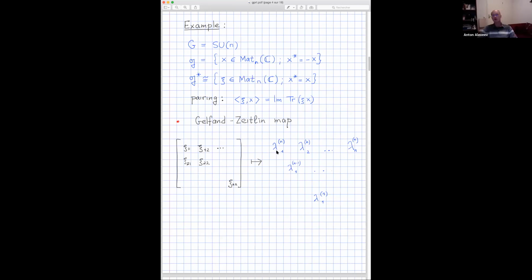On the top row, we write the eigenvalues of that Hermitian matrix. These are real numbers, so we can order them. I order them: the first one is the biggest, λ2 is the next, and so on, till λn.